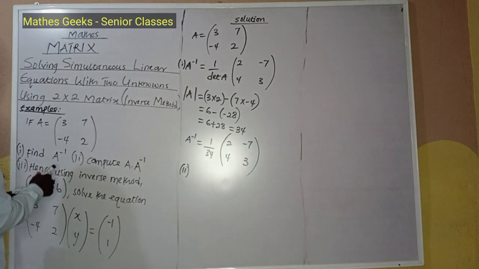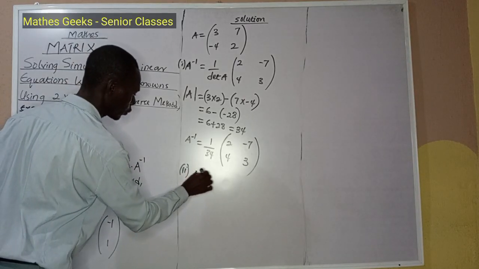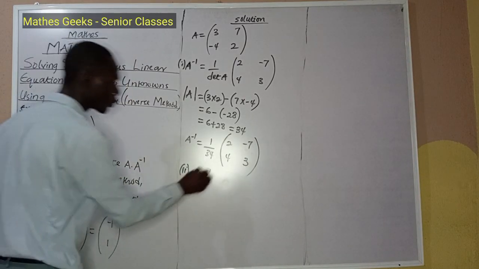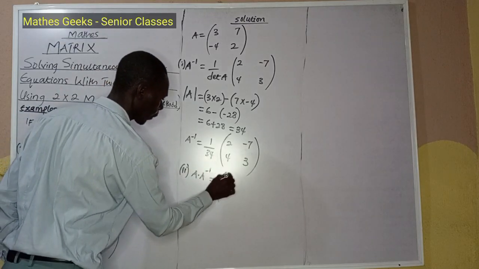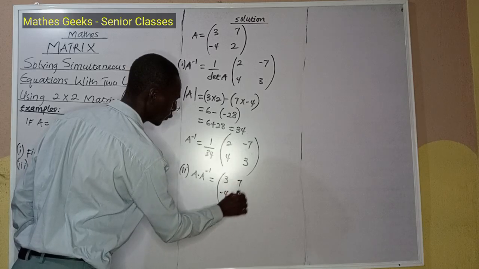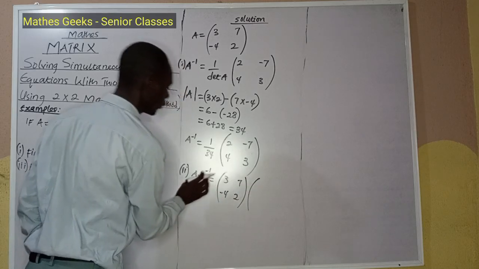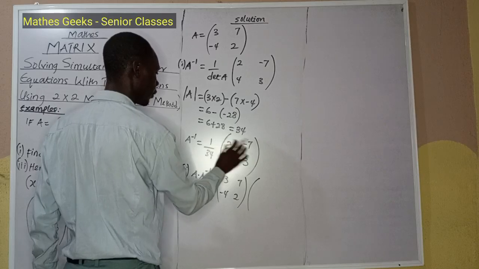It says compute A dot A inverse. A dot A inverse means multiplication. So matrix A is [3, -4; 7, 2], and A inverse is this. Since it's a scalar, we multiply the scalar by the matrix.